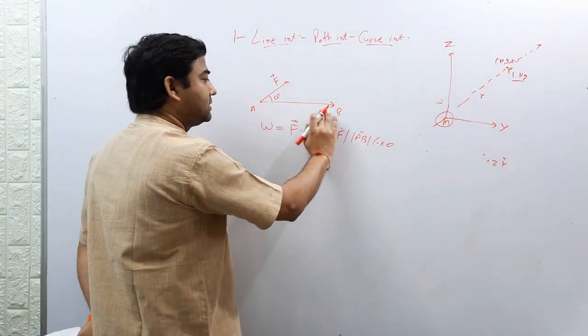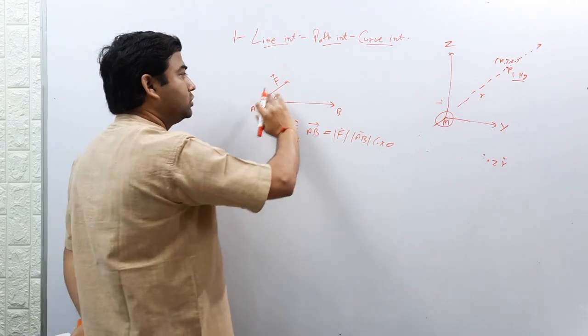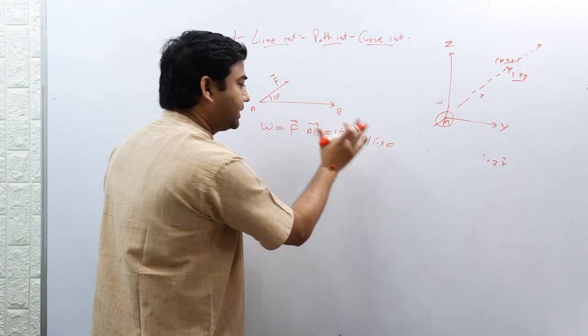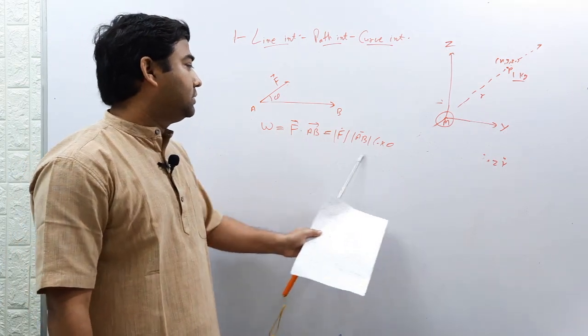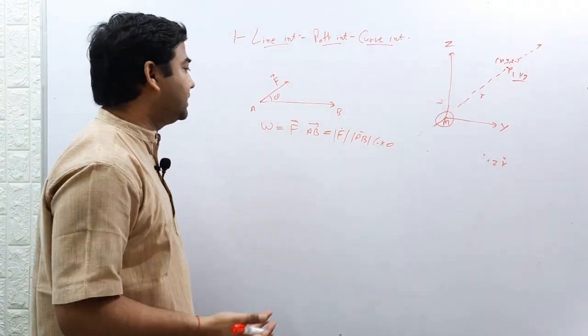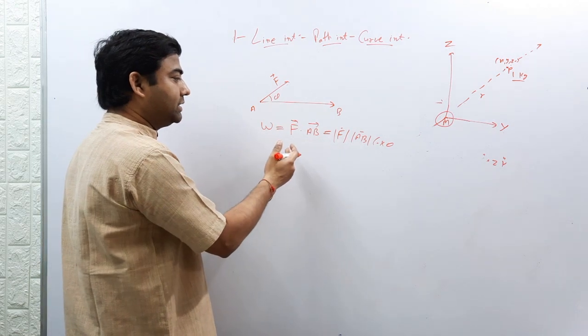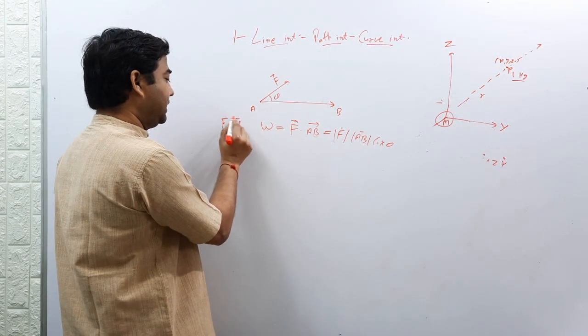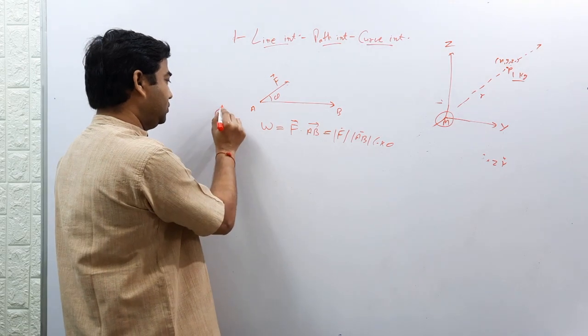When displacement is straight and force is fixed, you can find work done by this simple expression. This work done is nothing but the line integration of F dot dl from A to B.